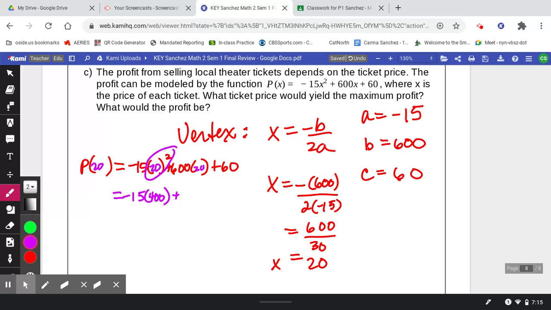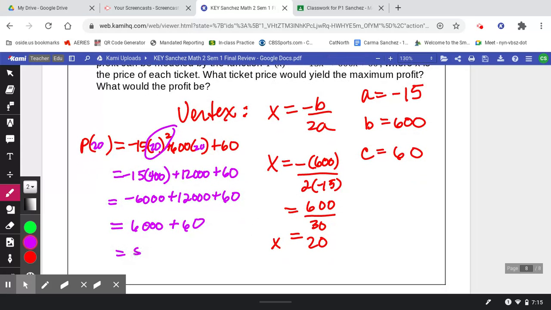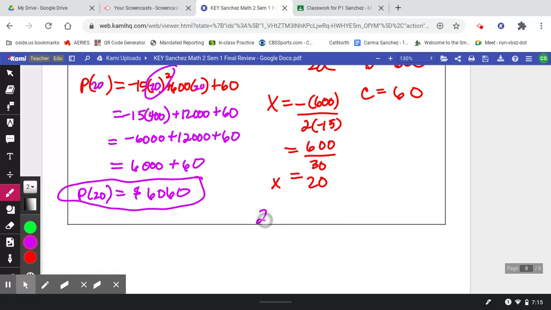And then 600 times 20, that's 12 with 3 zeros, plus 60. This is going to be negative 60 with 2 zeros, plus 12,000, plus 60. That works out to 6,000 plus 60. So that works out to $6,060. That's your profit at 20. So x equals 20, y, or output, equals 6060.